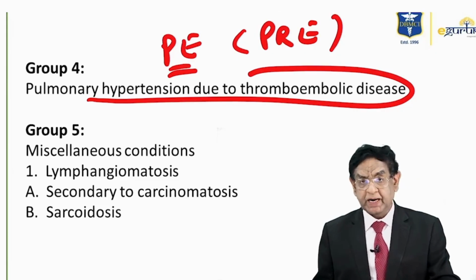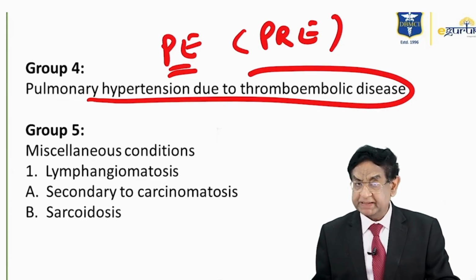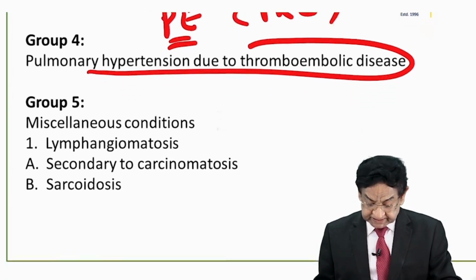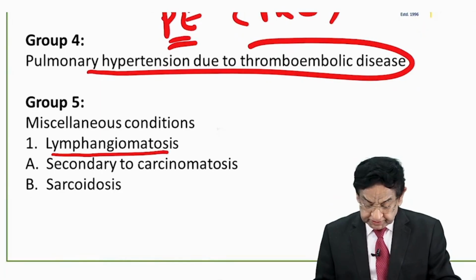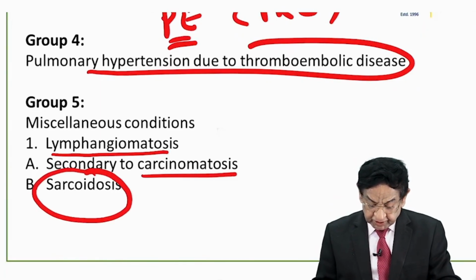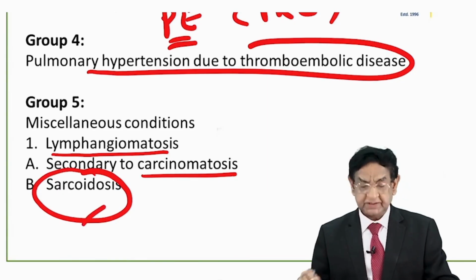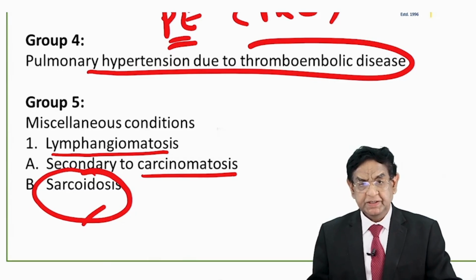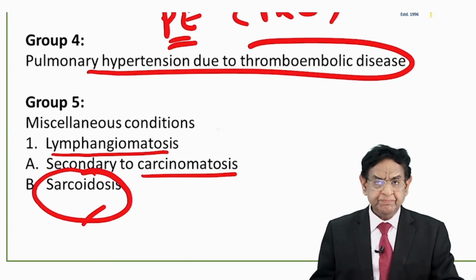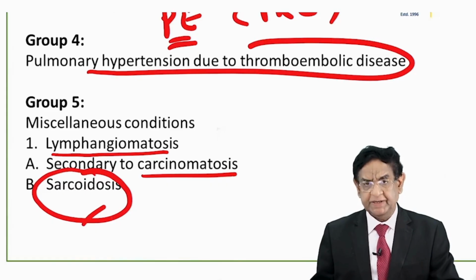Of course, pulmonary embolism is a problem of the lungs, but it's again precapillary. And finally, miscellaneous: lymphangiomatosis, secondary to carcinoma, sarcoidosis. Don't forget sarcoidosis. So these are some of the important causes of pulmonary arterial hypertension.